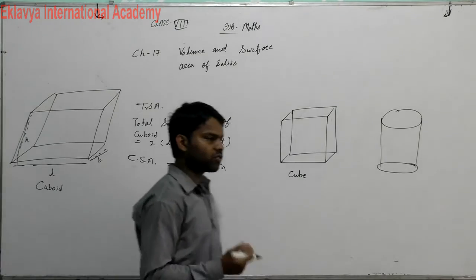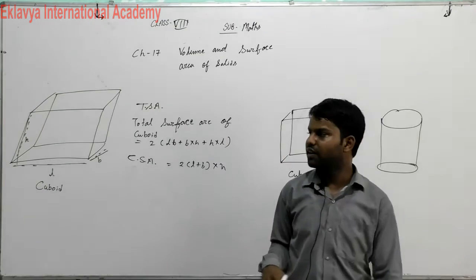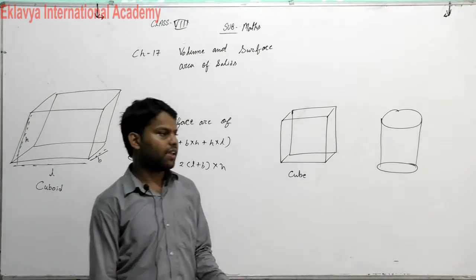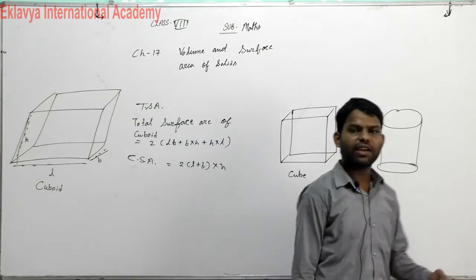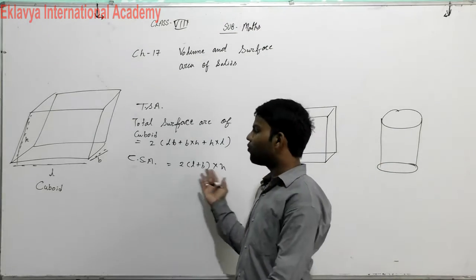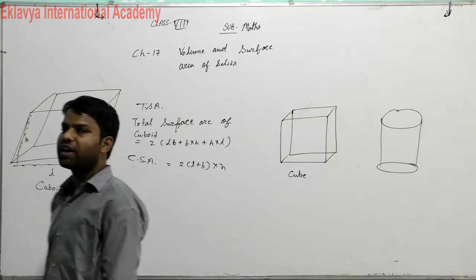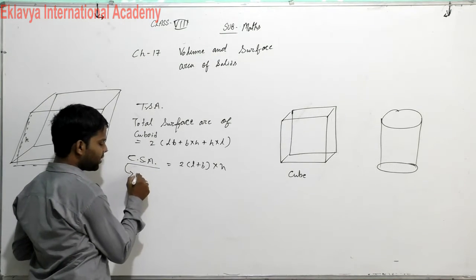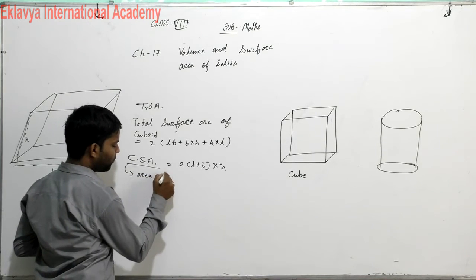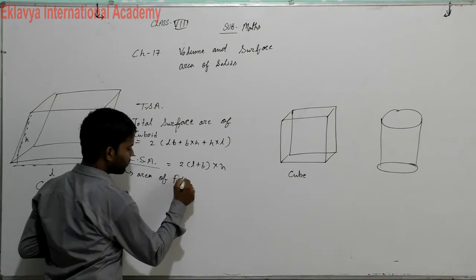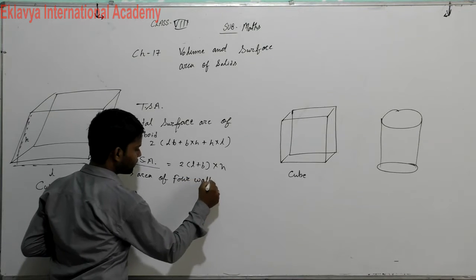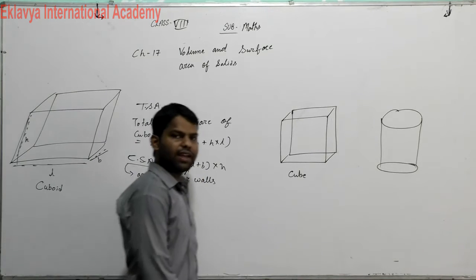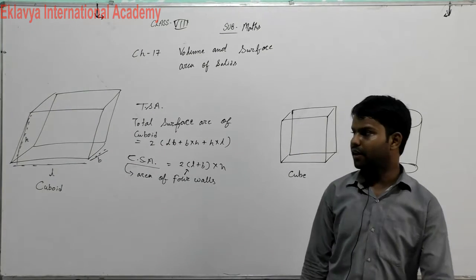If the question says find the surface area, it means total surface area. If the question says find the area of 4 walls, then the area of 4 walls is also represented by 2 bracket L plus B into H. We can also say CSA is the area of 4 walls.